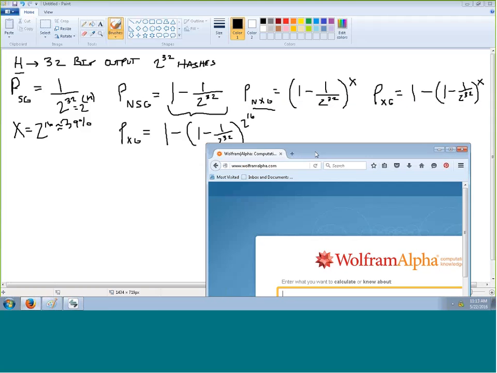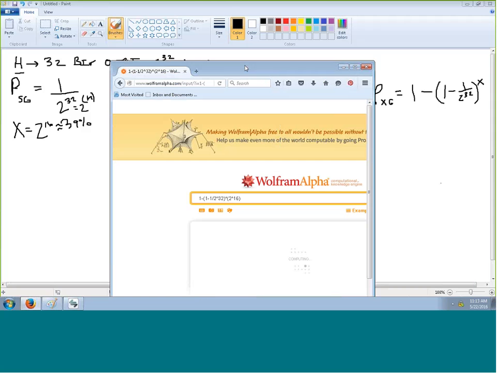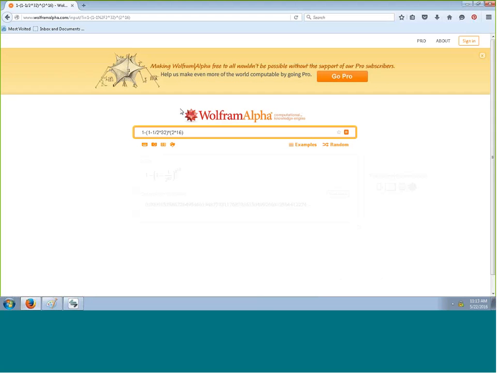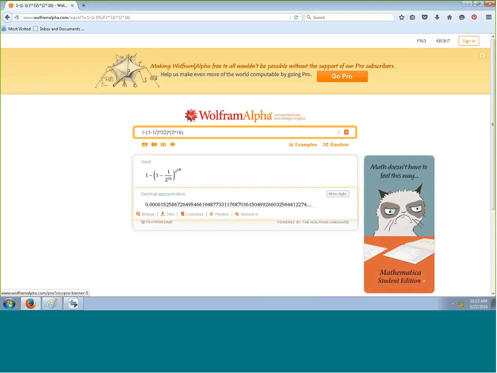And here we have 1 minus 1 over 2 to the 32nd, to the 2 to the 16th. Okay, so that's a pretty small number. That looks like a 0.0015% chance after 2 to the 16th tries.